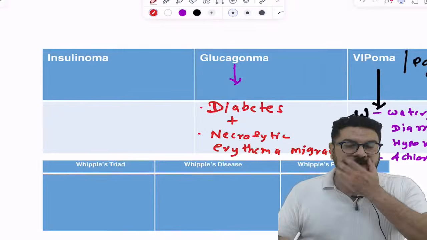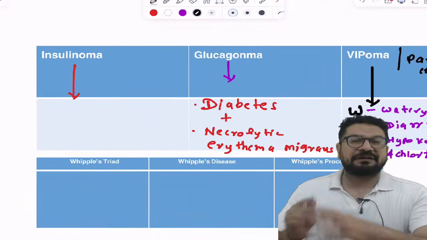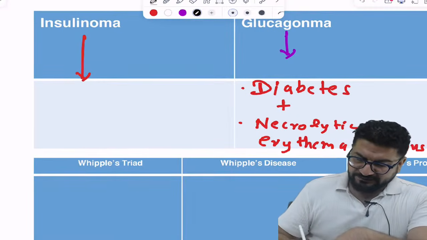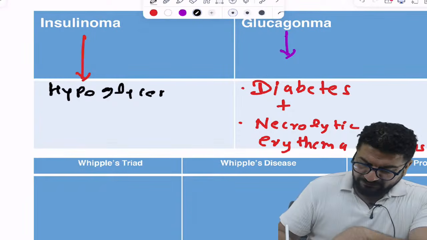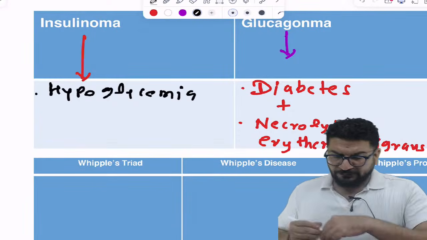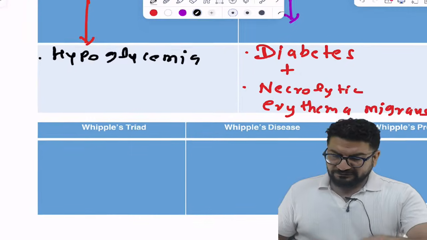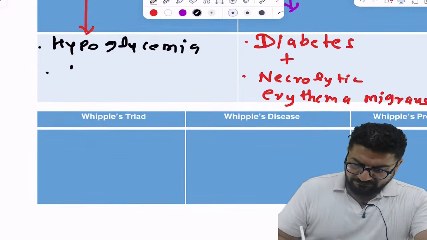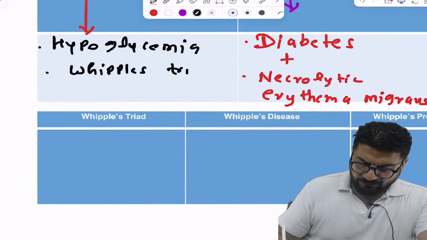Okay, now coming to insulinoma. Insulinoma means more insulin. It will present with hypoglycemia. So now understand this thing: how does an insulinoma patient present? It will have Whipple's triad. So what is Whipple's triad?